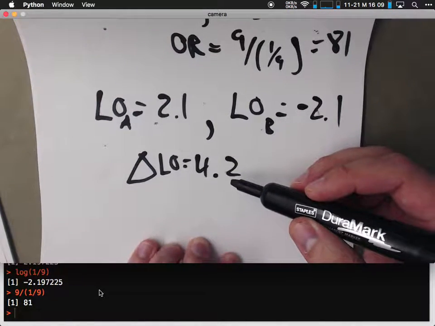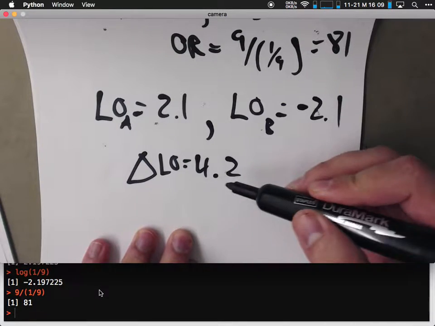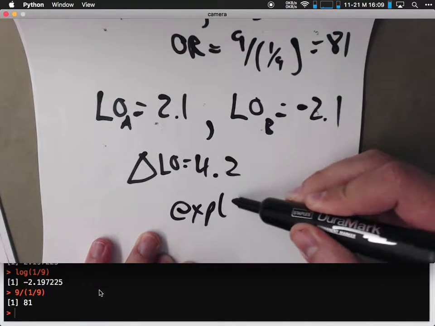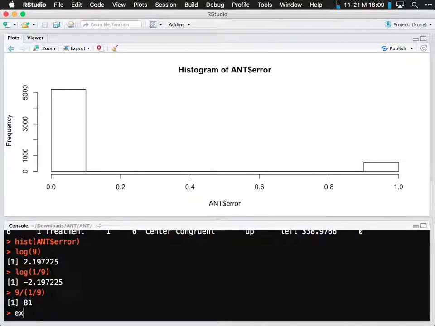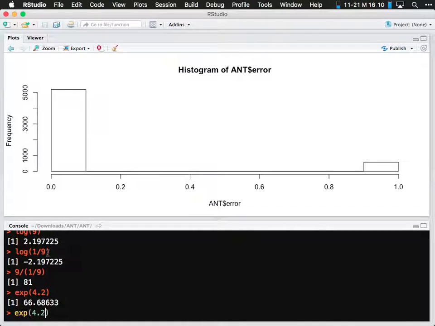Well, if I exponentiate this 4.2, that is exp 4.2.